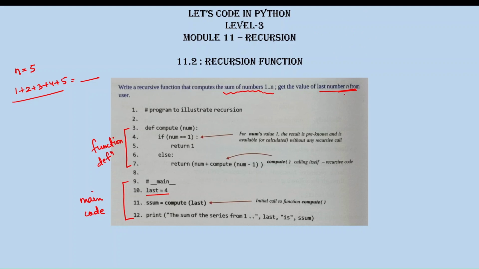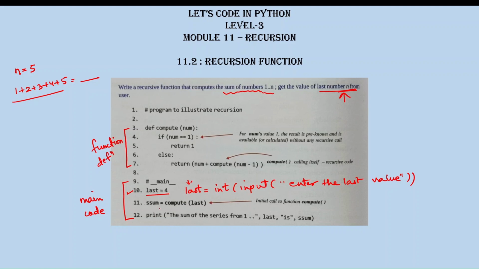Either you take some value directly, as has been taken in line number 10, or you ask the user for the value. That is going to be a simple statement, something like last is equal to int, and then you input some value with a message like enter the last value. I hope this is clear. We've already done this. So that value will be taken in this variable last.